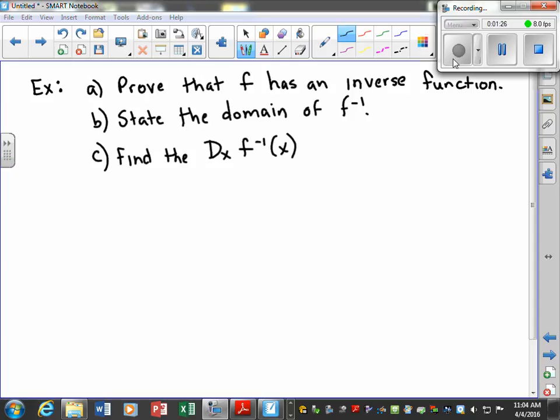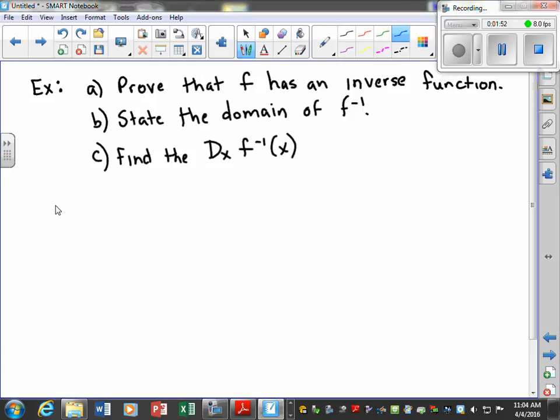Okay, our first example is a three-part problem. The first thing we're going to be doing, once we're given a function, is prove that f has an inverse. Then we're going to state the domain of our f inverse. And then the last thing, we're going to find the derivative of our f inverse. So let's start with the given function. Let me do a different color.